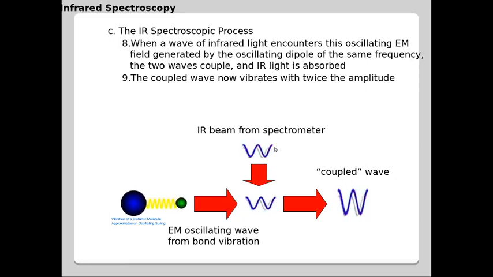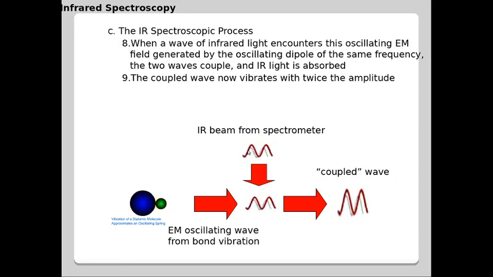sinusoidal character such as this one. Once the molecule encounters such a radiation, if the amplitude and phase of the electric field of the infrared radiation match the amplitude and phase of the electric field generated by the diatomic vibration here, then we have a resonance condition where both the waves can mix with each other, generating a coupled wave with almost twice the amplitude, since both the waves under resonance have almost the same amplitude.